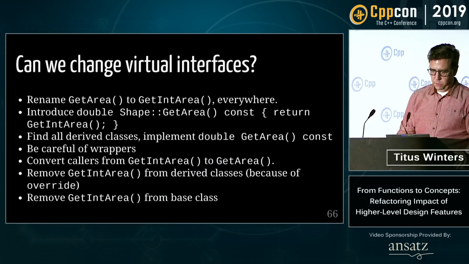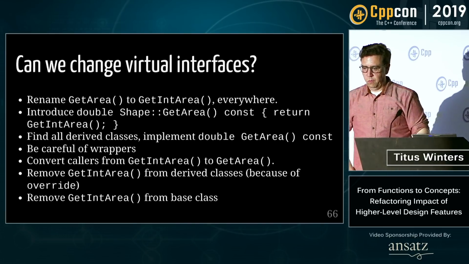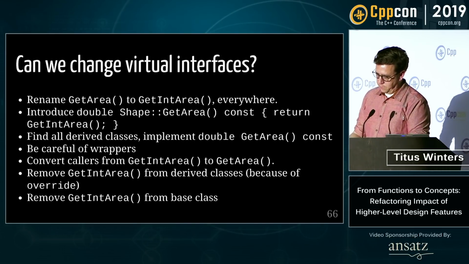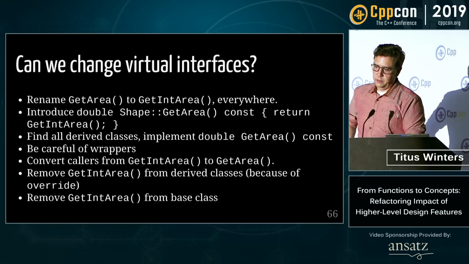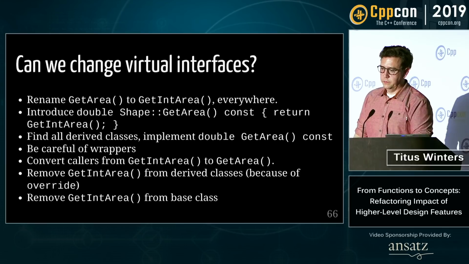So, Arthur, could you go back to the slide? It was about 67 or so, where you had the step-by-step for renaming a pure virtual function. Yeah, this guy. Two things about this. My understanding is that if this were a concept, you could do basically the same steps to change the concept in some way. Again, as you say, this requires perfect visibility.